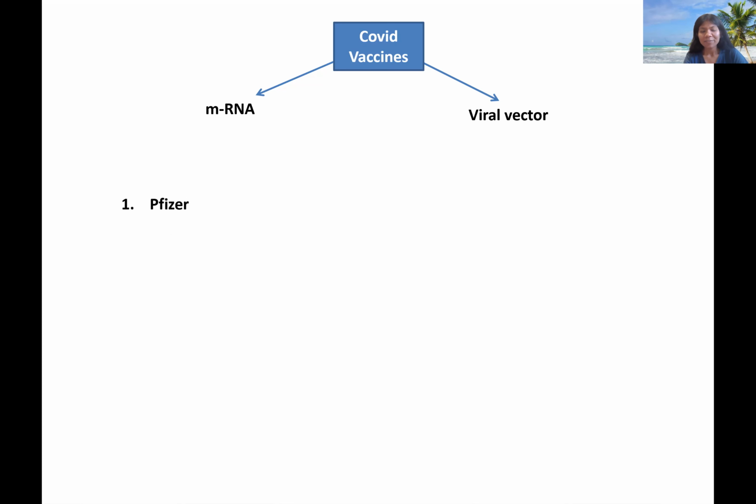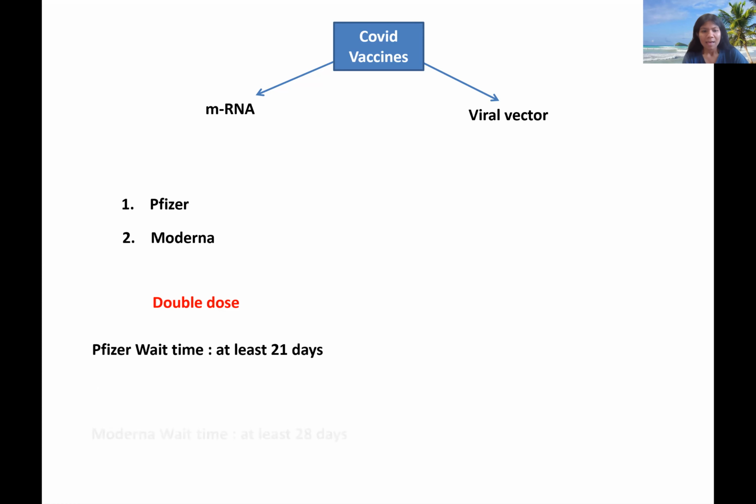The mRNA vaccines are Pfizer and Moderna, and they are both double dose vaccines. That means you need two shots of these vaccines, and the Pfizer wait time is at least 21 days. What is the wait time? This is the time difference between the first shot and the second shot.